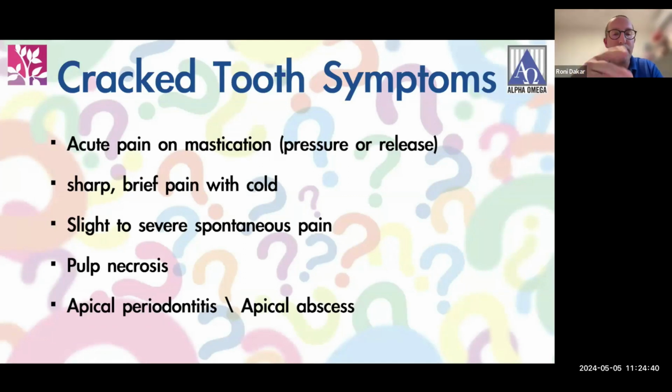When there is already pulpitis, a periapical lesion, or even a cracked amalgam restoration, mesiodistal, without too many symptoms, suggesting a crack underneath, it is much easier to diagnose these teeth.